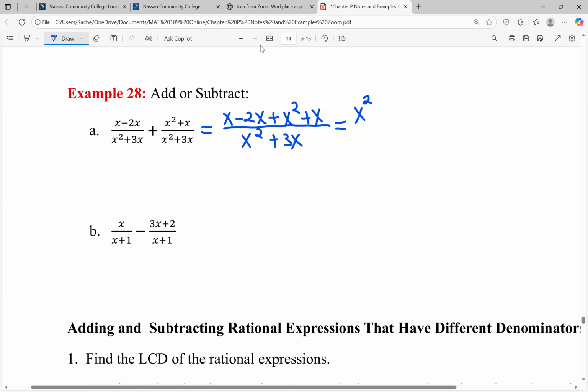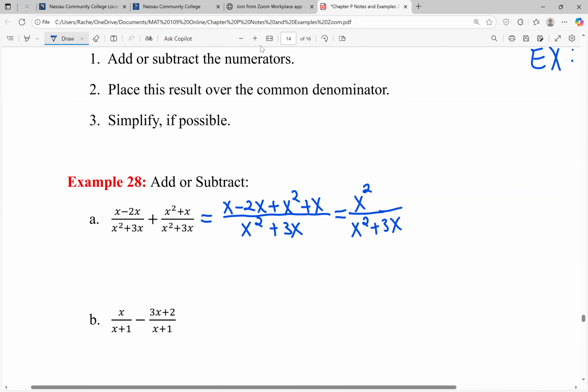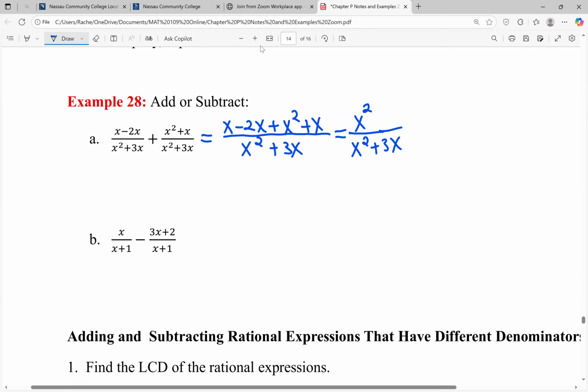So that's going to be 0. So we're going to have x squared divided by x squared plus 3x. And now, just like it says in step 3 above, simplify if possible. So we always want to simplify our answer. I'm looking at this expression and I see that everybody has an x in common. So I'm going to reduce by a factor of x.